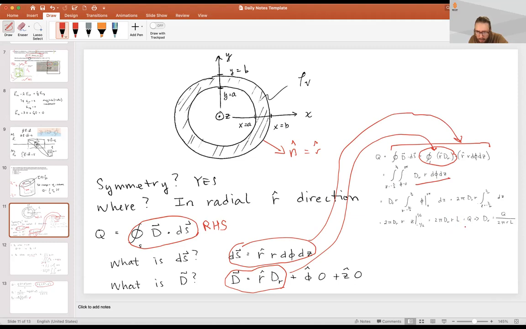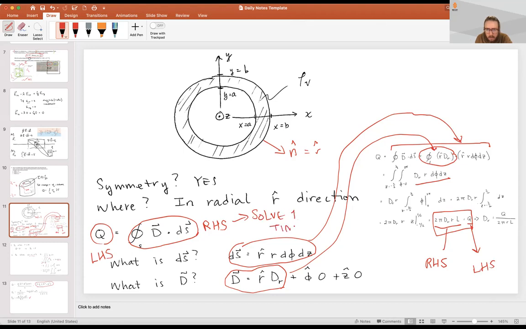That's where we come up with this expression right here, which is the right-hand side. And this is the left-hand side here. So we solve the RHS once, and we solve the left-hand side for each region.